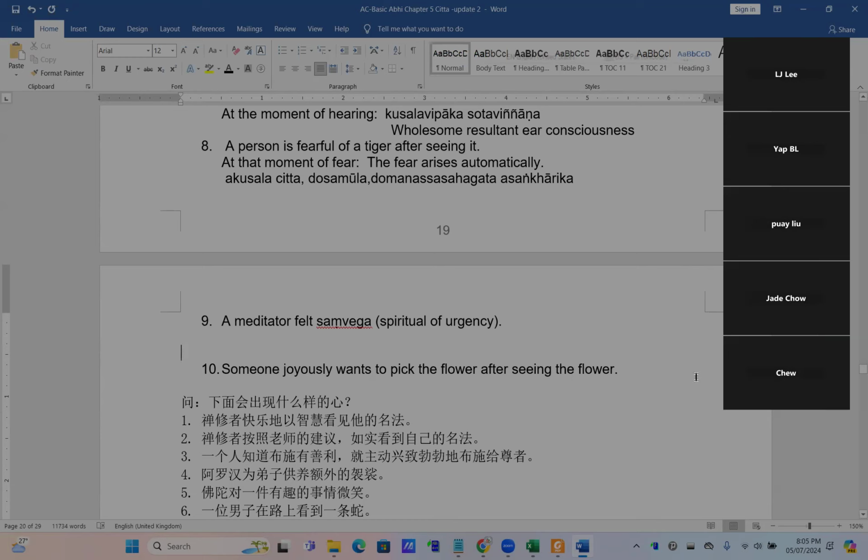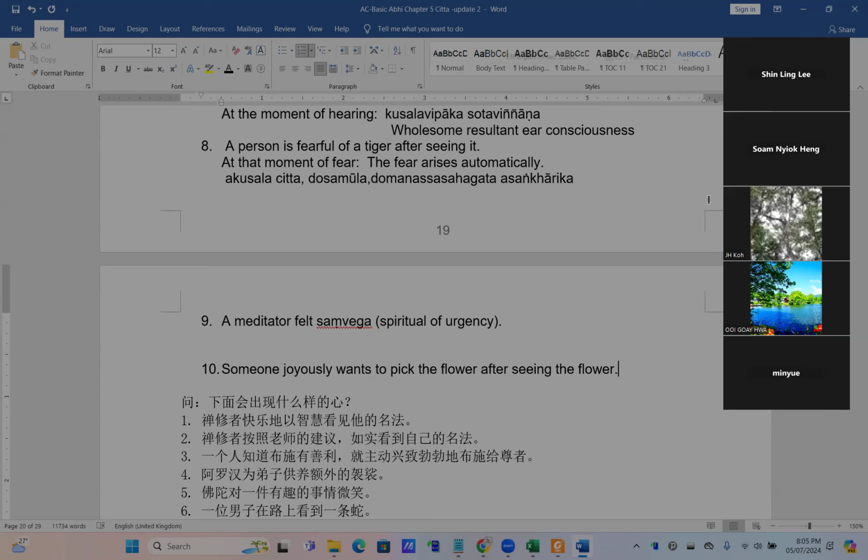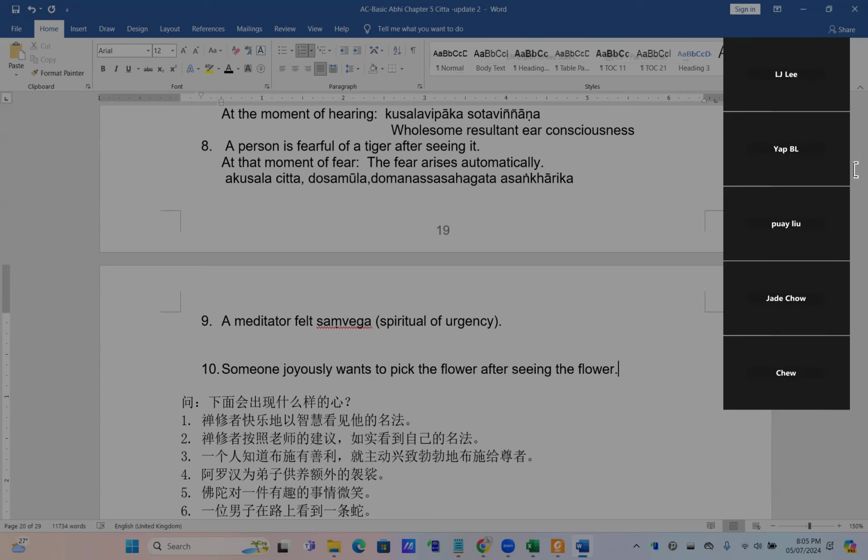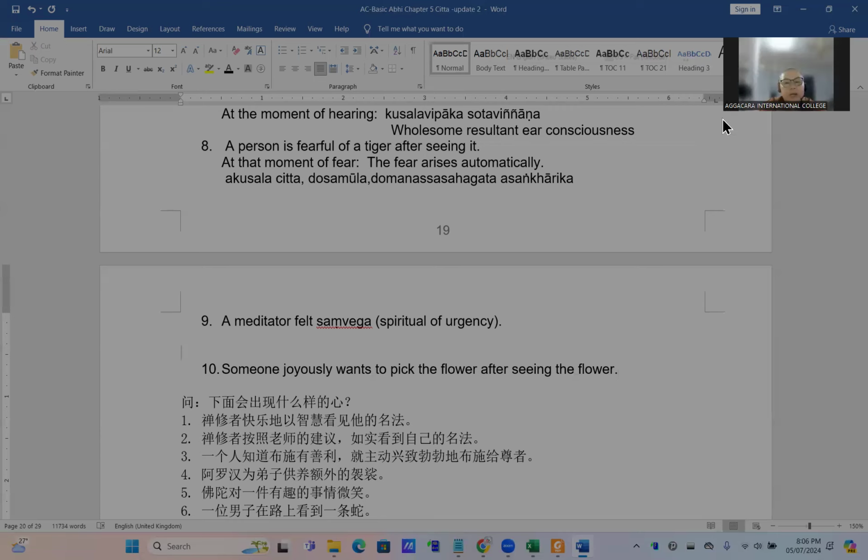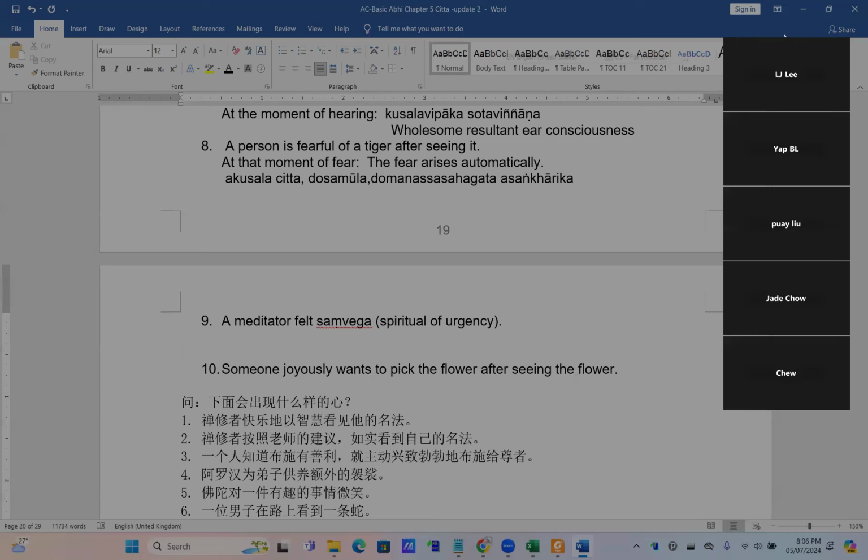Okay, anybody want to try? Actually, I'm not sure what spiritual urgency is. Urgency means that you want to meditate. You know that you have not much time, so you want to spend more time in meditation. Do you think it's a good or bad mind? Is it wholesome or unwholesome? Kusala.